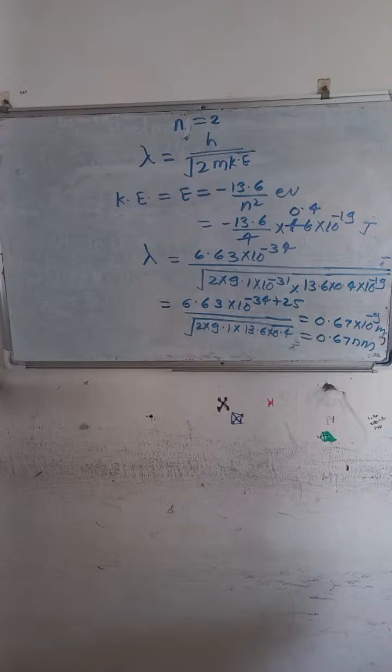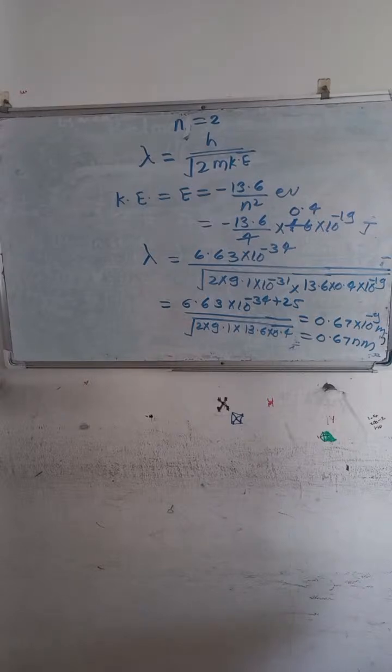Here the electron is excited to the second excited state, so we have to take n as 3. Calculate the kinetic energy, and the de Broglie wavelength we know, lambda is equal to h upon square root of 2m into kinetic energy. Substitute the values and calculate the answer.